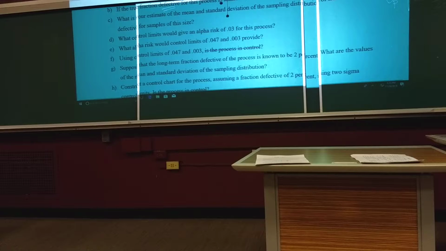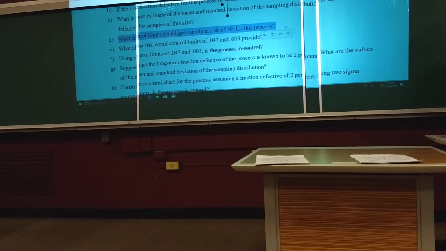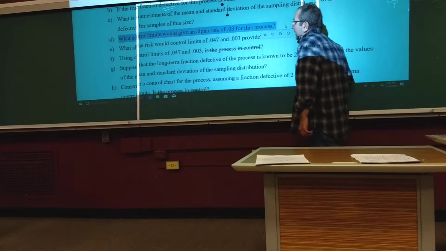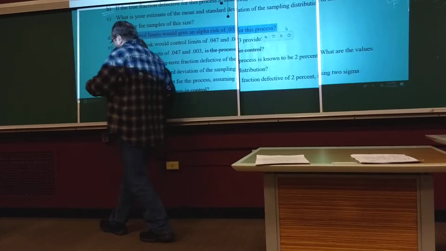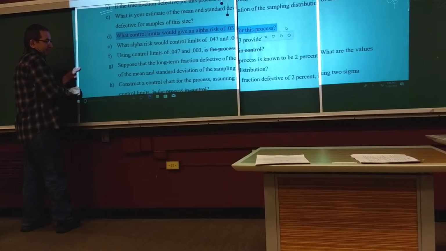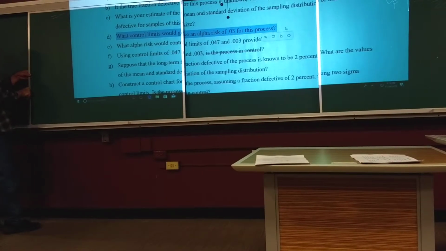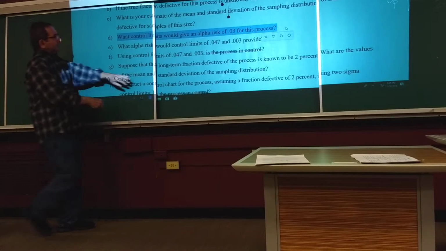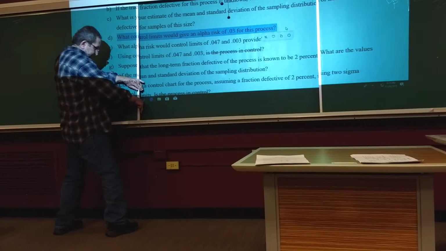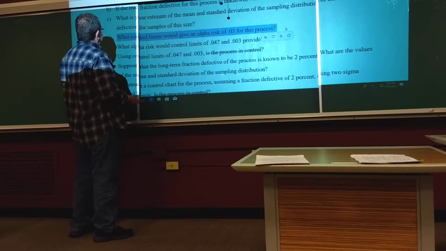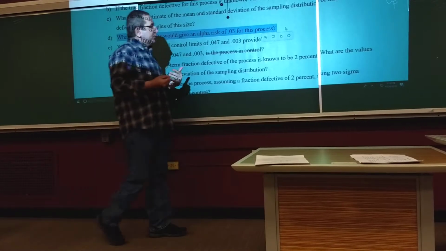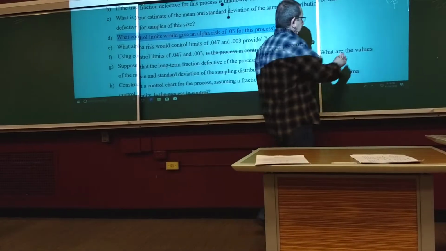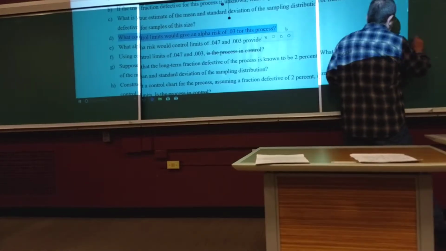Okay. So what control limits would give an alpha risk of 0.03? This question asks about the upper and lower control limits. Let me draw here.